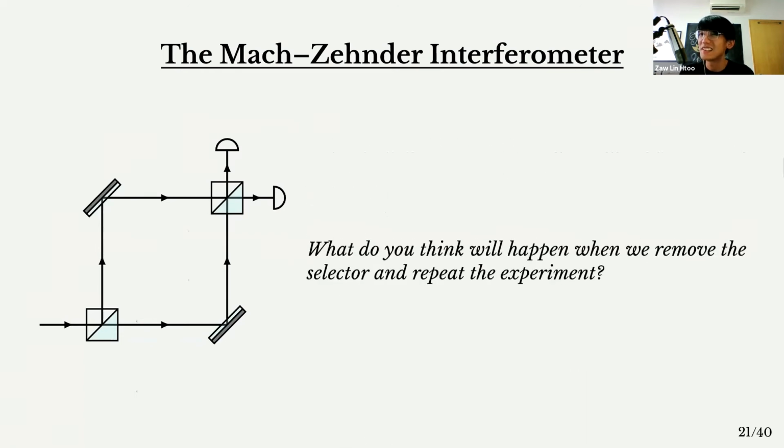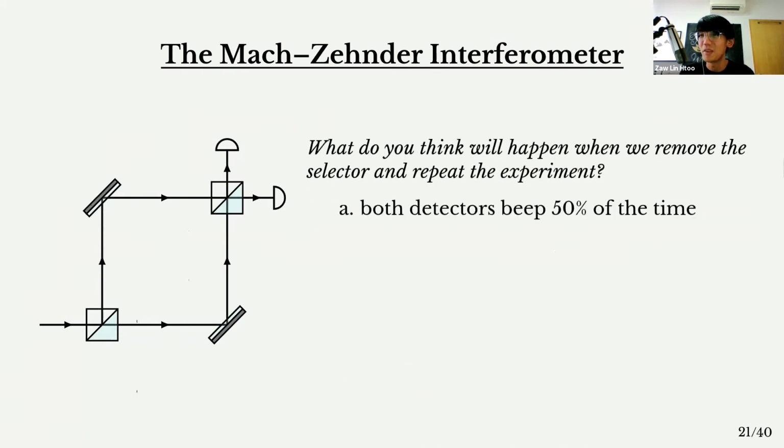I'm going to try some interaction. So maybe in the chat, you can answer which of these things you think will happen, right? Do you think A, the detectors will each fire 50% of the time? So 50% of the time, we will find the photon on the right side, and 50% of the time, you'll find the photon on the upper side.